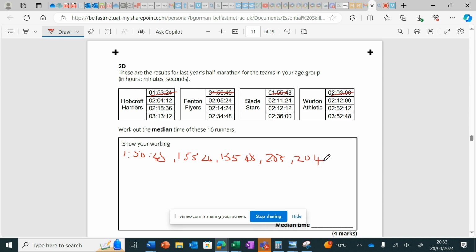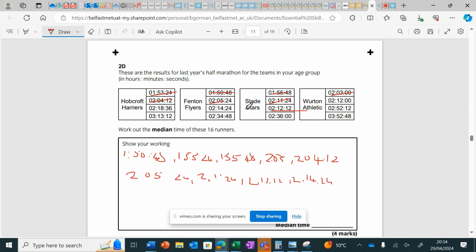If anybody can read my writing with this pen. 2.04.12. 2.05.24. 2.11.24. 2.12.12. 2.14.24.